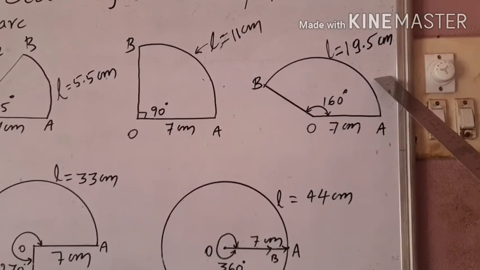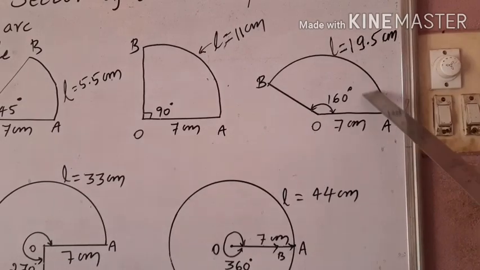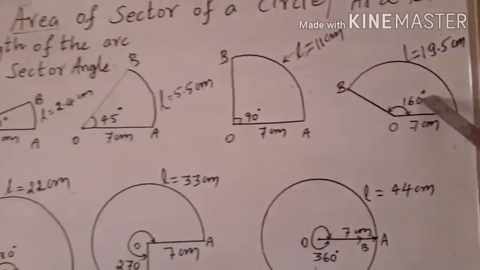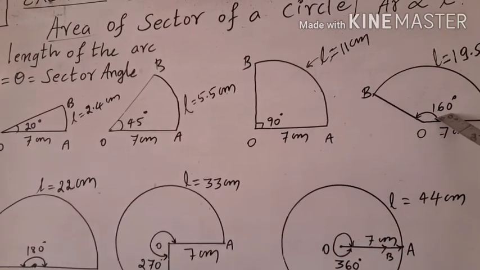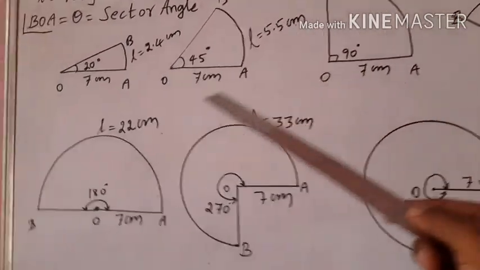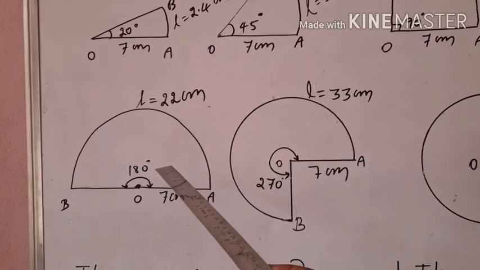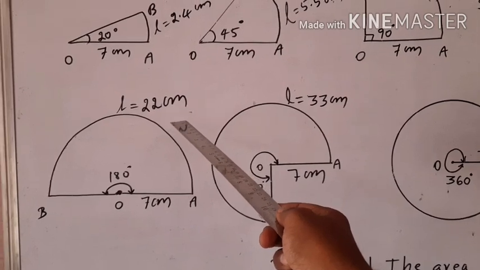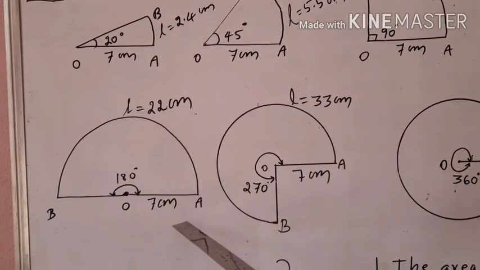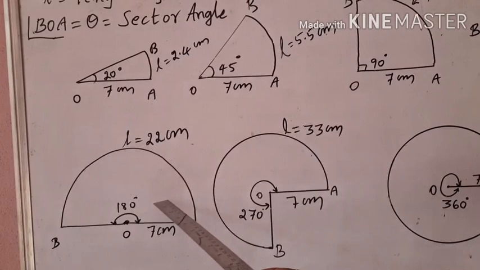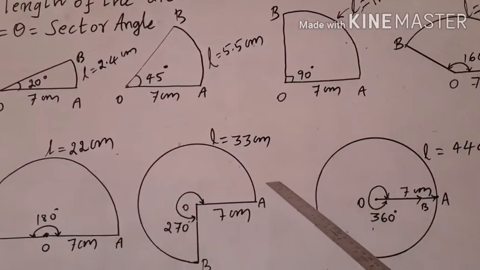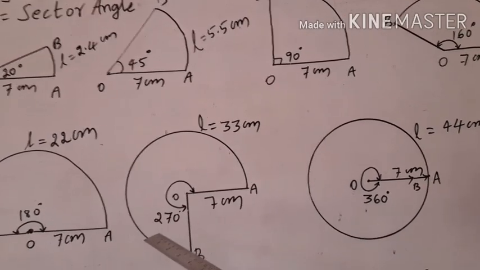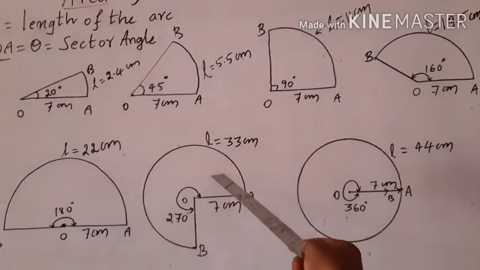So when the length of the arc is more than the previous three sectors, automatically its area is more than the previous three sectors. The next sector's arc length is 22 centimeter. Radius is the same and its area is more than the previous sectors. Here the length of the arc of the sector is 33 centimeter. That's why its area is more than the previous sectors.